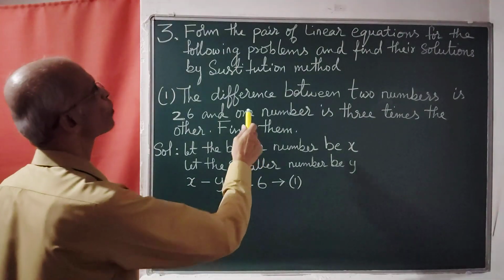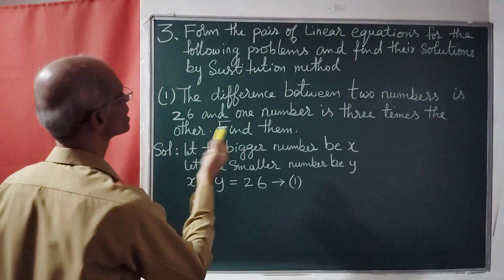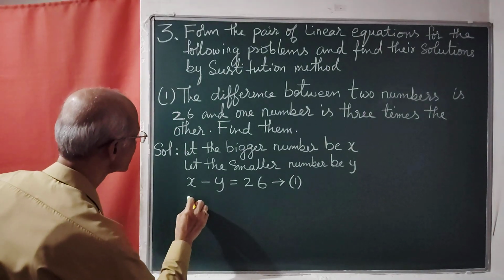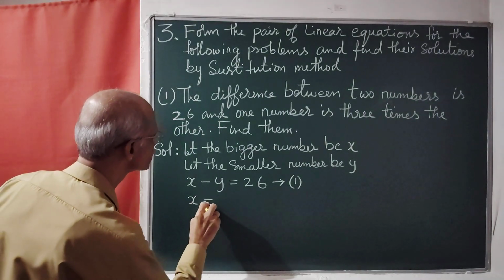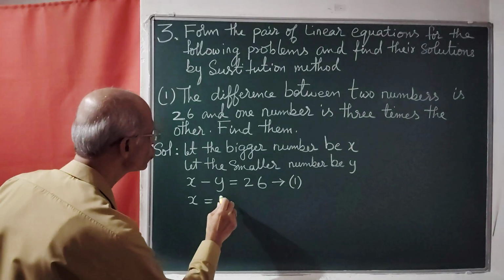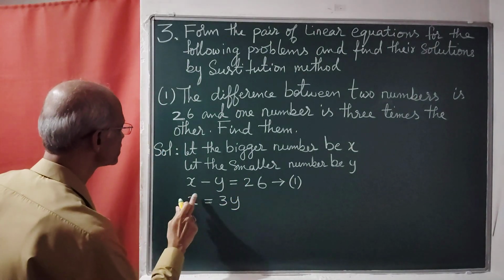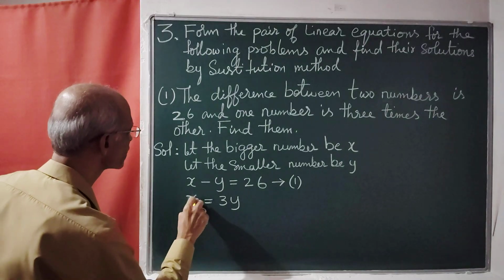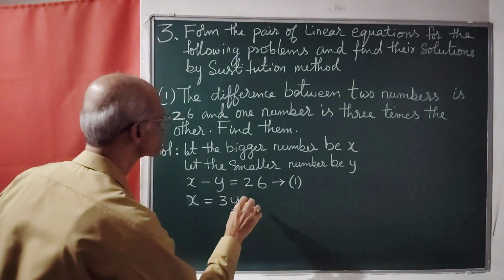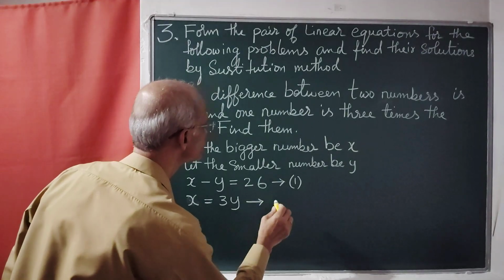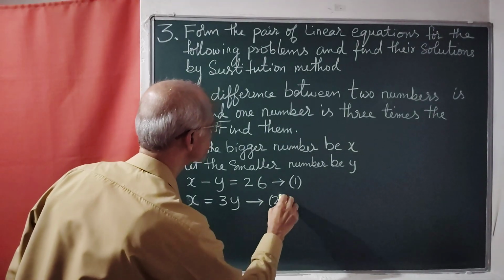Now, one number is 3 times the other. So the bigger number x is 3 times the other. So 3y, 3 times the other. x is equal to 3y. This equation, I'll leave it as second equation.